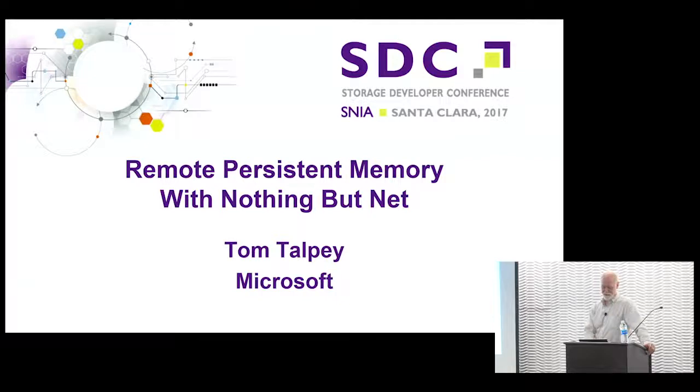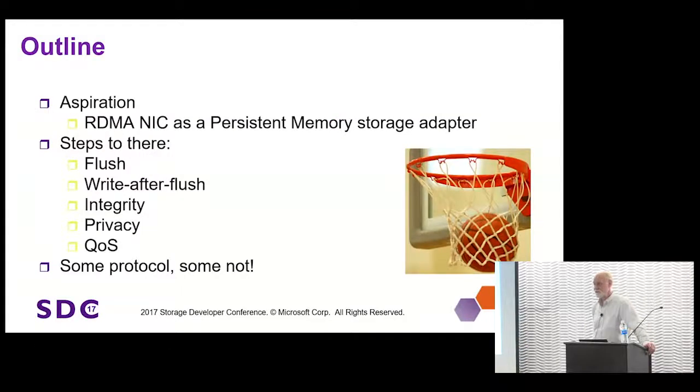I call my presentation Remote Persistent Memory with Nothing But Net. That's supposed to be a basketball analogy, but it's also the idea of an RDMA NIC as a persistent memory storage adapter, right? An HCA, basically.